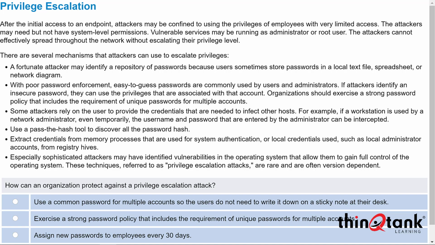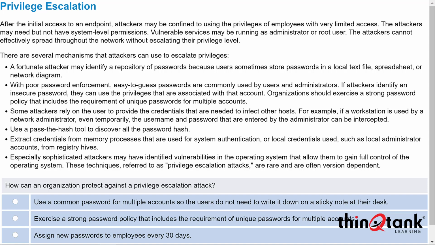If I have poor password enforcement, I can then further use that information to guess what those passwords are through some sort of dictionary attack or some sort of brute force attack. We can also rely on the user to provide the credentials that are needed. Through some sort of social engineering process, I can capture those credentials by tricking the individual into providing those credentials in some form or fashion. We could use a pass the hash. Sorry about that.